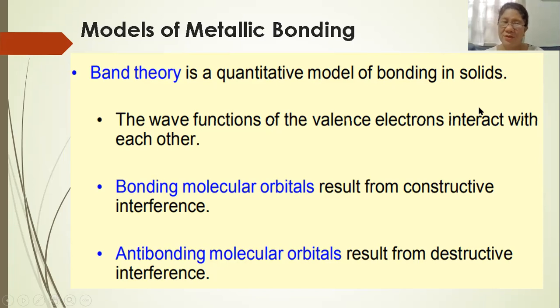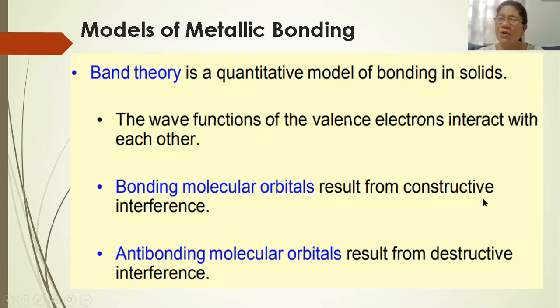That's the band theory. The band theory has these different functions, such as the wave function, which is how the valence electrons interact with each other. In the band theory, there are two forms.